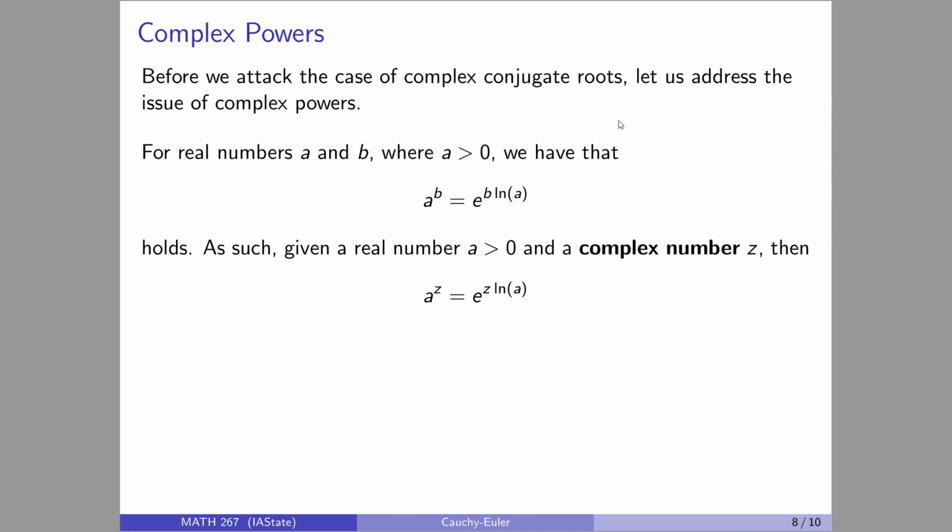Sweet. Now, before we go forward, it is worth noting that for a non-zero complex number z, we could talk about z to the w. So a complex number raised to a complex power is possible. It starts getting really bizarre, though. You start getting some really strange behavior. For example, i to the i is a really weird thing.